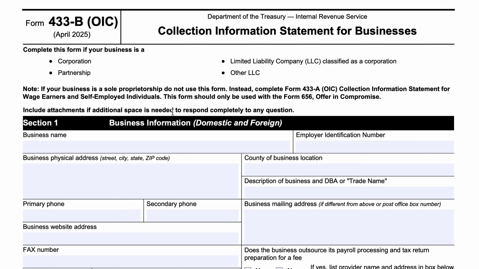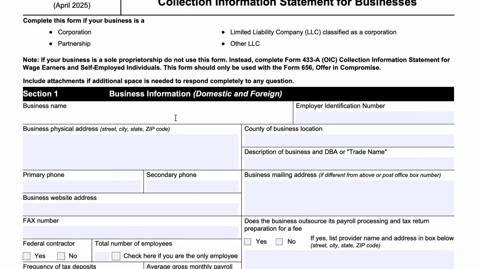So now in Section 1, we're just going to go ahead and assume that this is for a business that's multi-ownership. So let's just start completing the fields. John Doe is completing the information on behalf of his company, Acme Corporation.